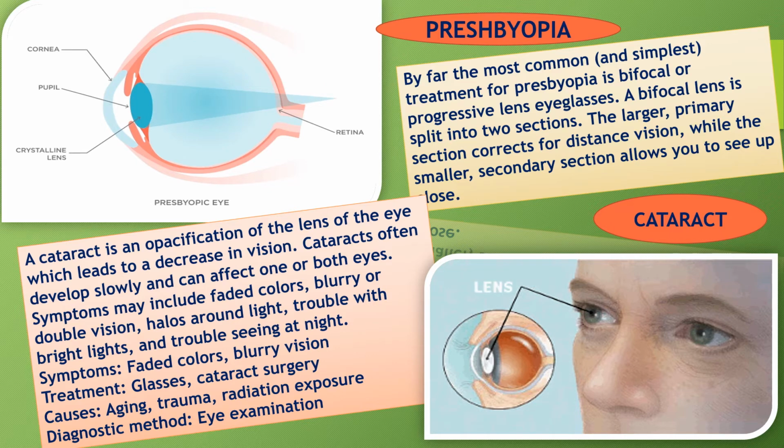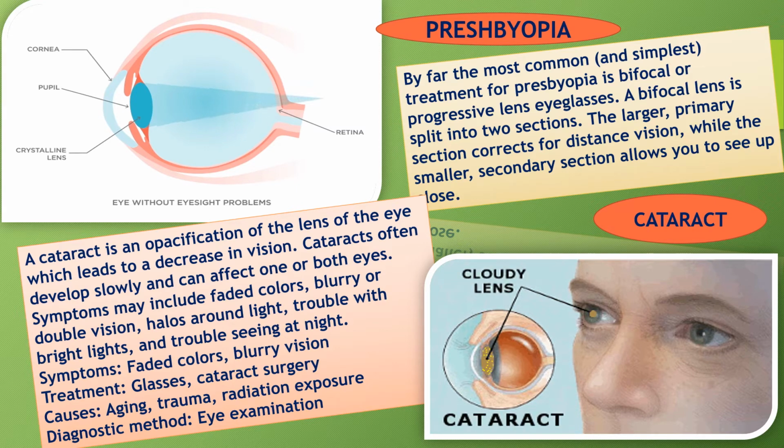Now see the diagram. It shows what presbyopia actually is. See, first the image is going beyond the retina. After that, either it is going beyond the retina or it is coming inside the retina. So the image will not form on the retina.